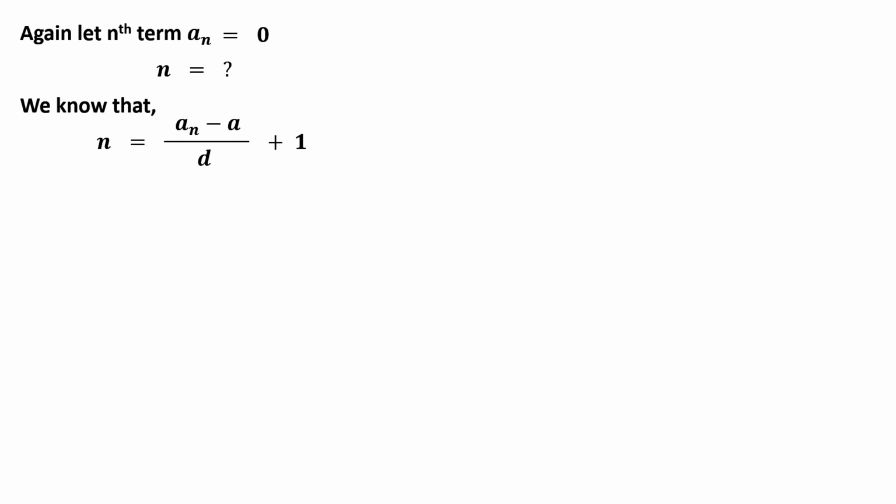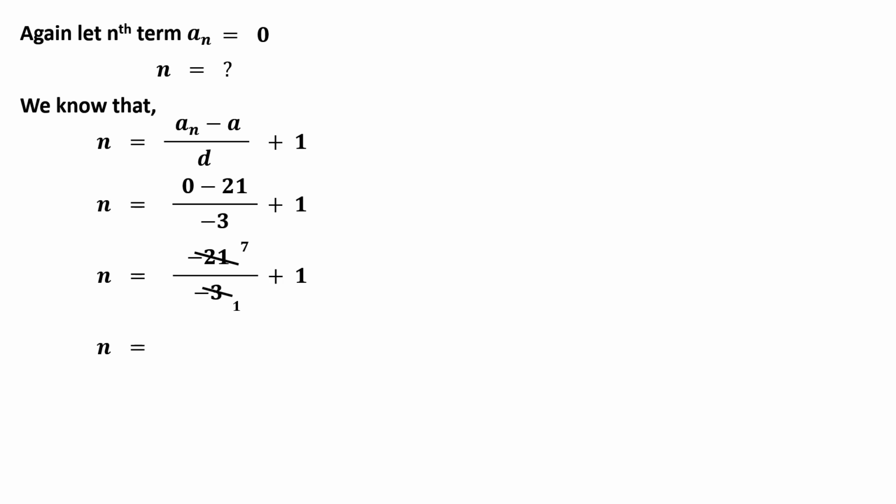Now, again, let nth term An be equal to 0. N equals what? Let us use the direct formula. Again, you can use the formula An equals A plus n minus 1 into D and then simplify it, but this is the direct formula. N equals 0 minus 21, whole divided by minus 3, plus 1. N equals minus 21 whole divided by minus 3, plus 1. 3 sevens are 21.